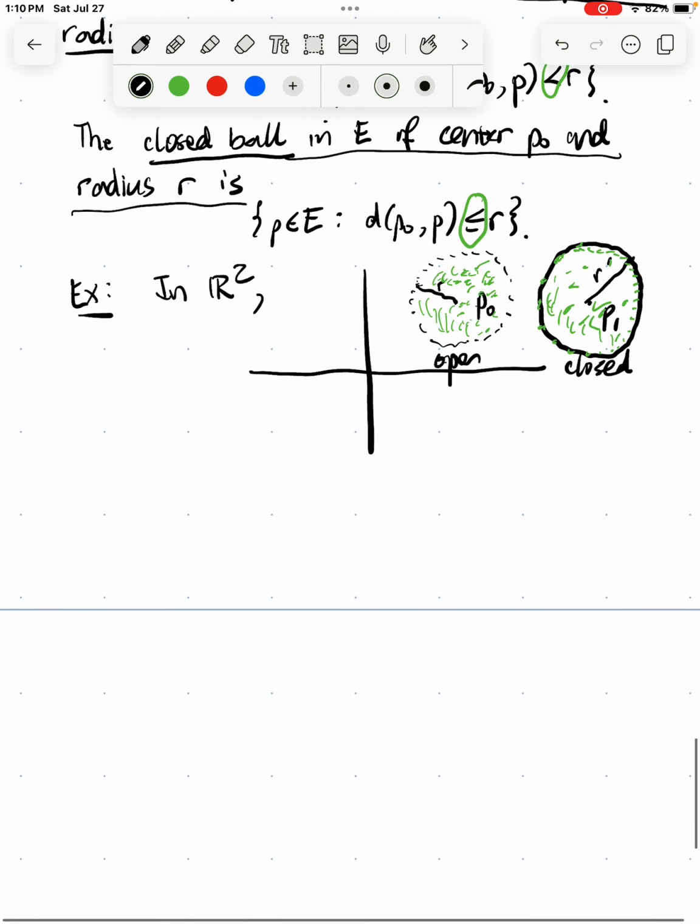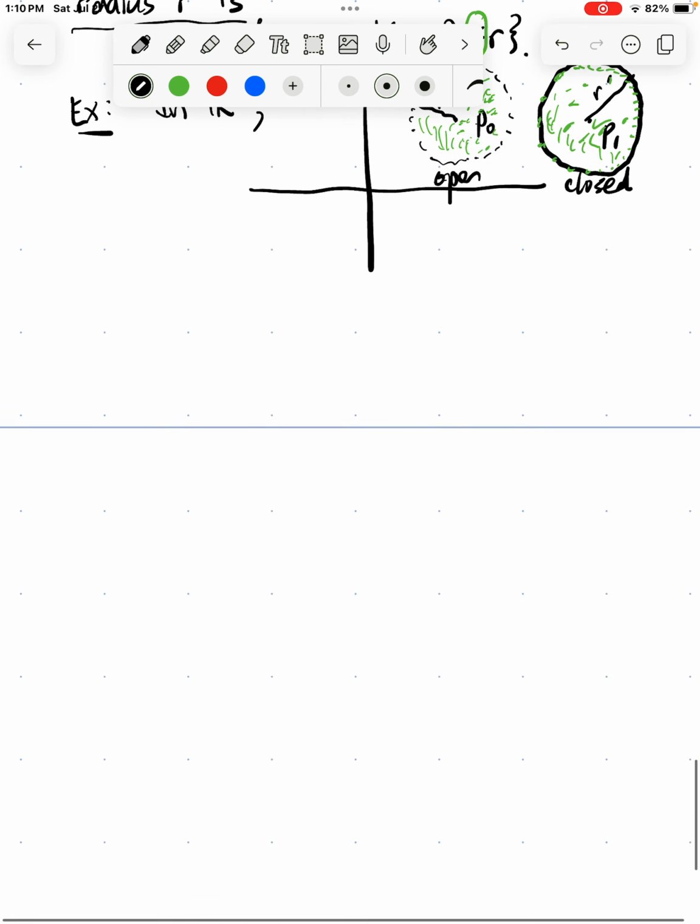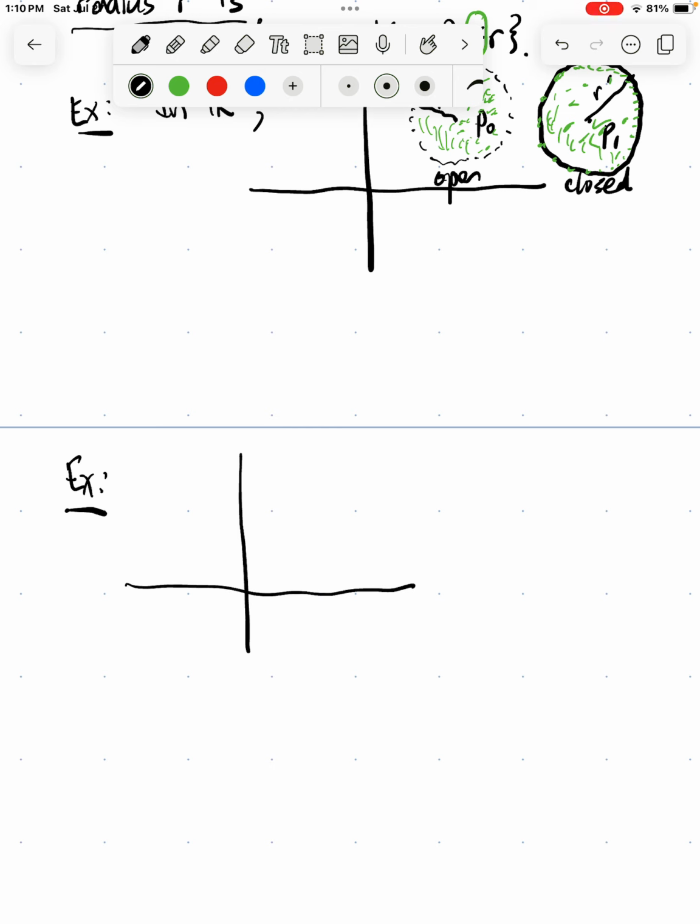Now let's say that we took a subset of R2. So let's say we took the metric space E, which is all elements (x, y) in R2 such that x is positive and y is positive.